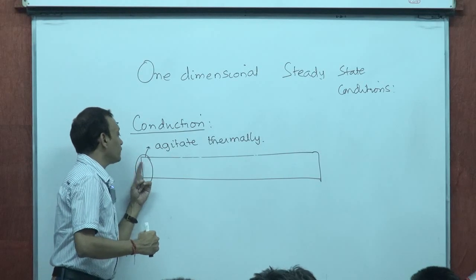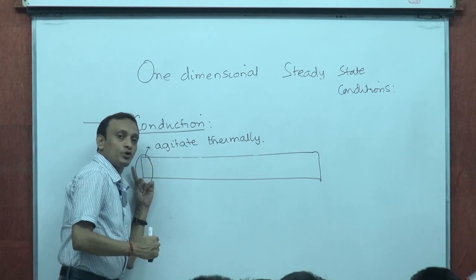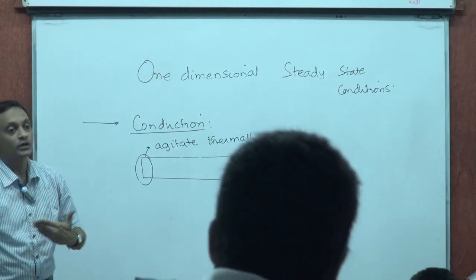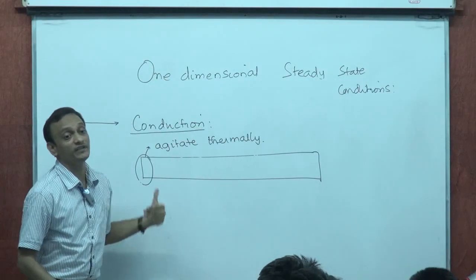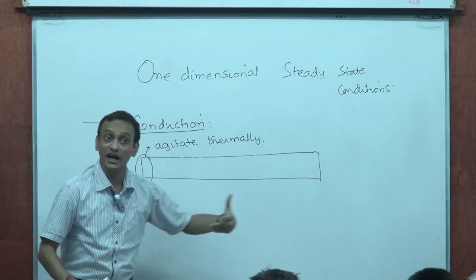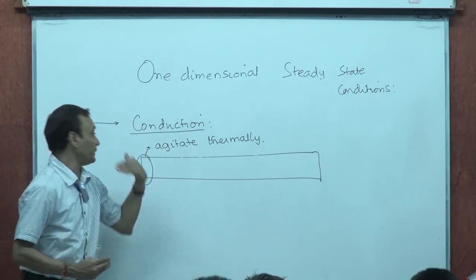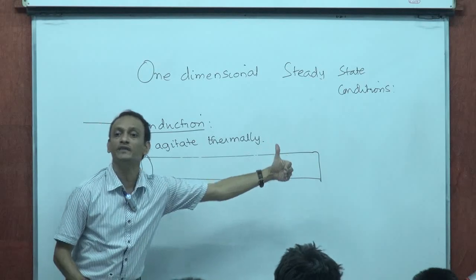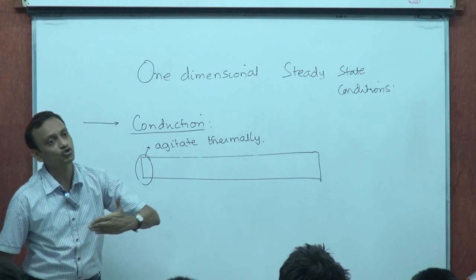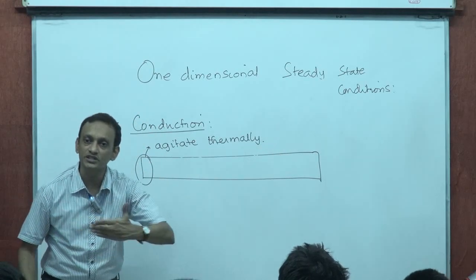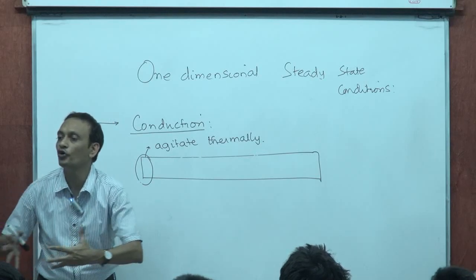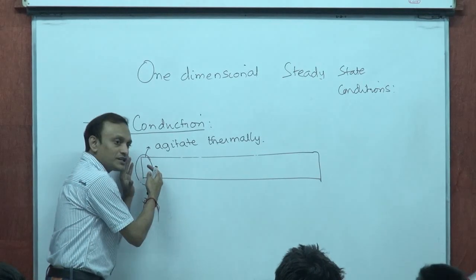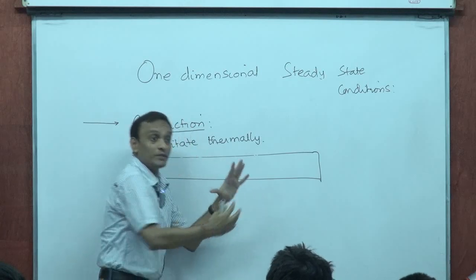Now, when the molecules vibrate more vigorously about their mean position, they share their kinetic energy with the neighboring particles. And those particles in turn share the energy with their neighboring particles, and so on and so forth. In the process, what constitutes is a flow of heat from a region of high temperature to a region of low temperature.